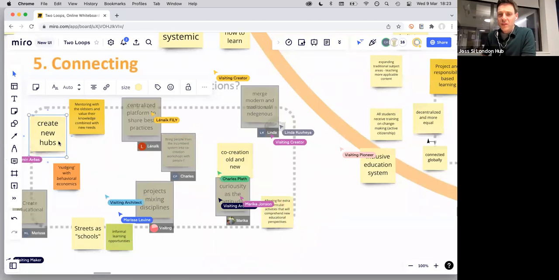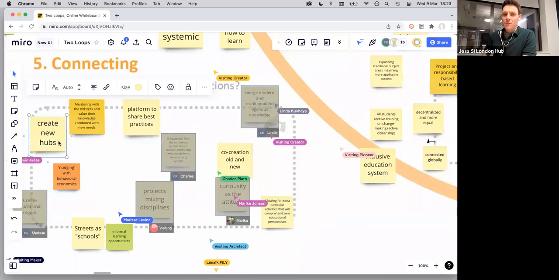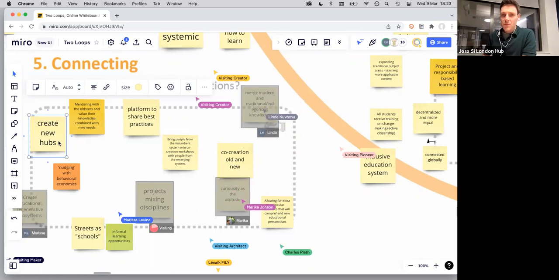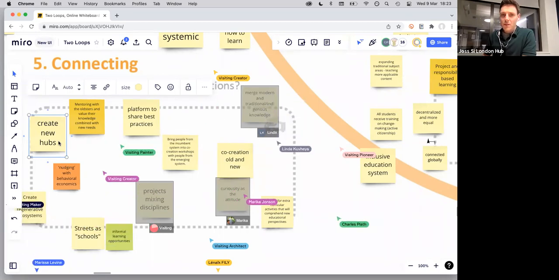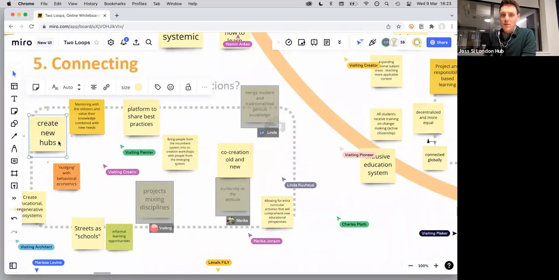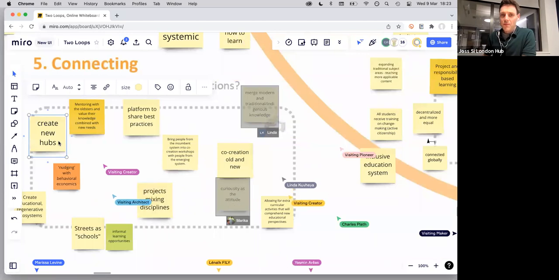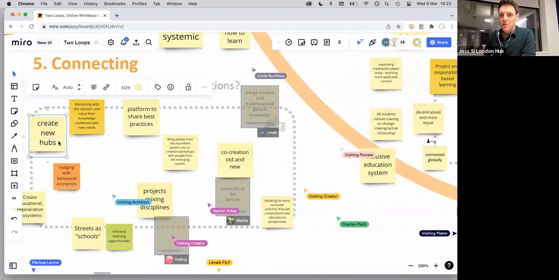That's a good, interesting relationship between the old system and the new system. Bring people from the incumbent system into co-creating workshops with people from the emerging system. Yeah, it'd be interesting to explore education in this workshop format. Teachers are running workshops instead of giving lectures.